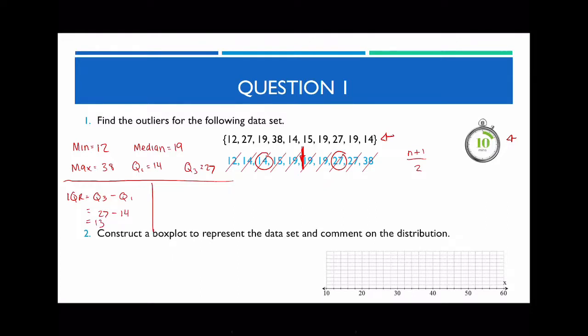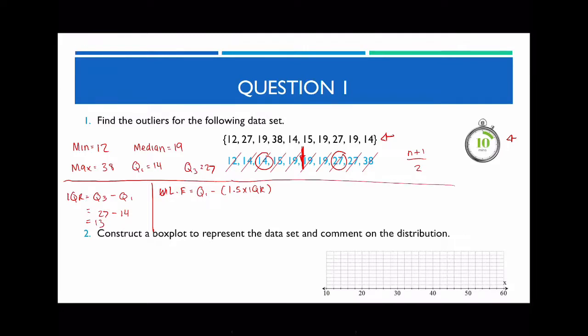After we've calculated the IQR, we can calculate our lower fence and upper fence. If you recall, the lower fence formula was equal to Q1 subtract 1.5 times the IQR. So let's substitute all the values that we know into our formula.